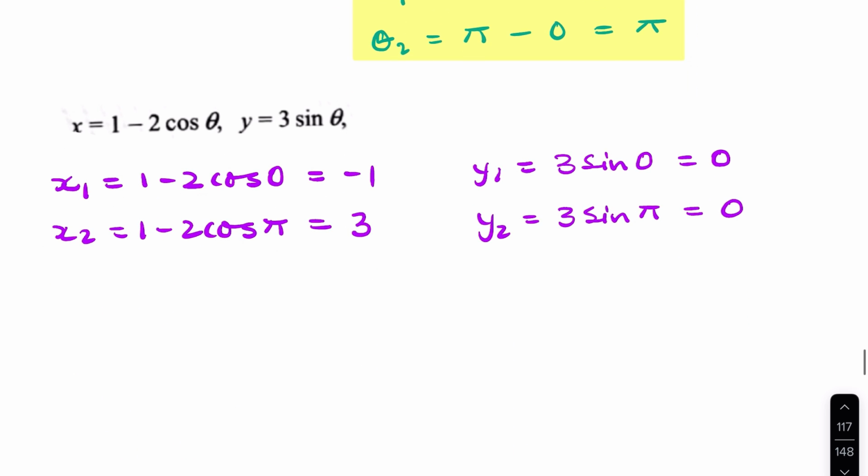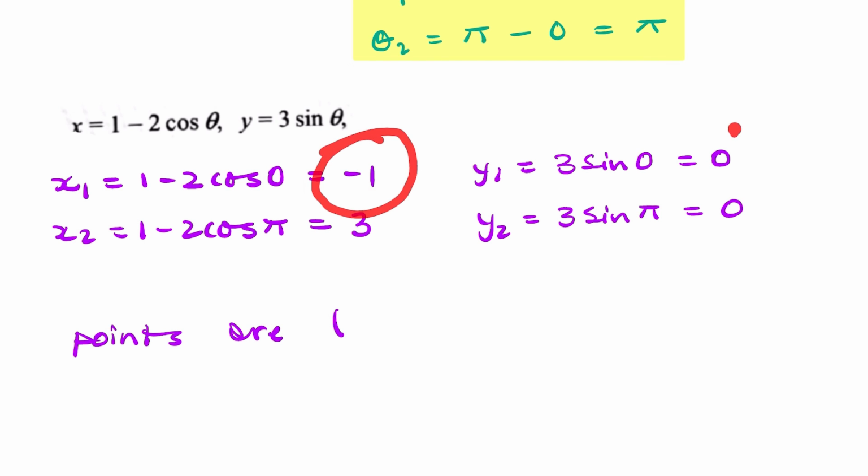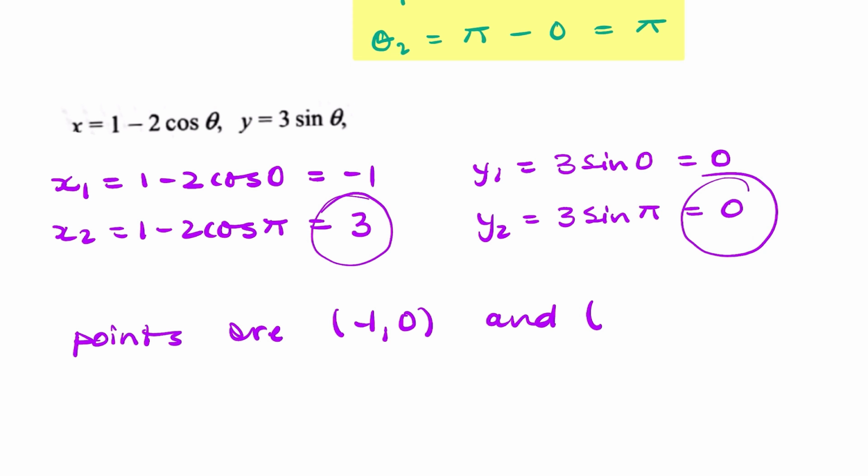So I can now say that my points are x1, y1, so minus 1, 0, and x2, y2, 3, 0.